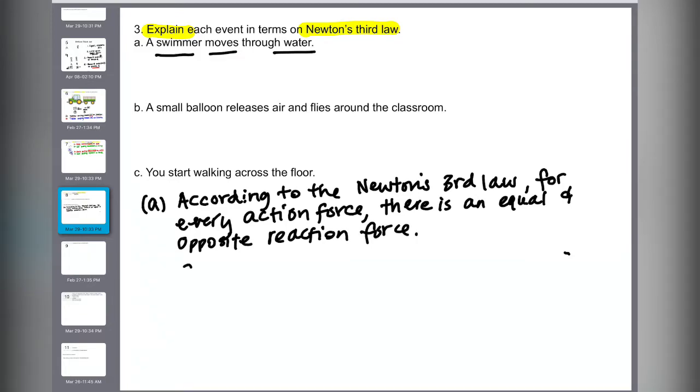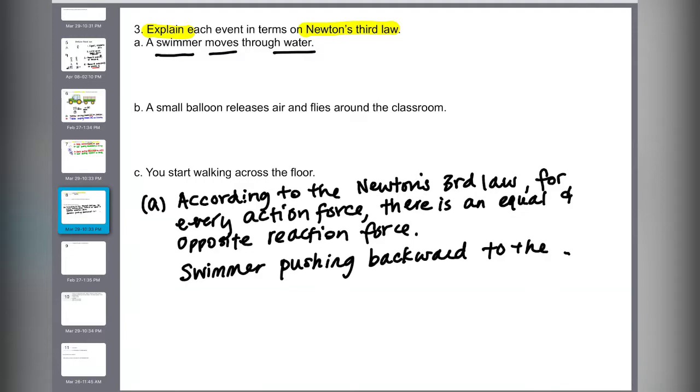So let's think about the swimmer. The swimmer is pushing backwards on the water. And that is the action force.